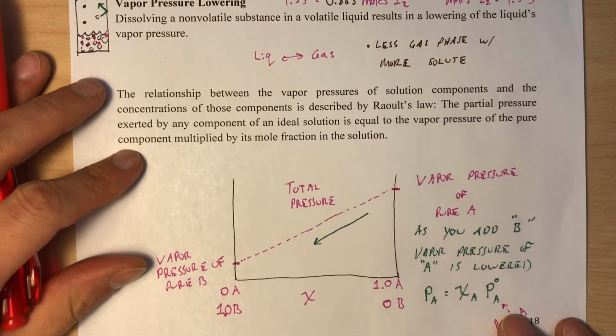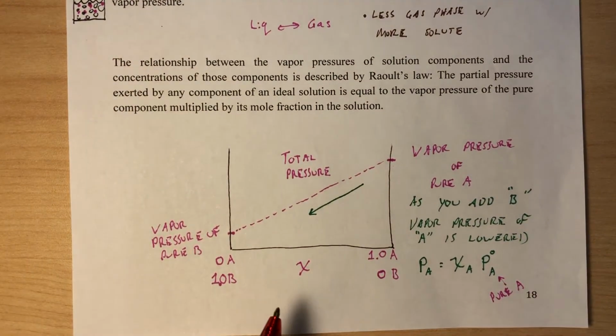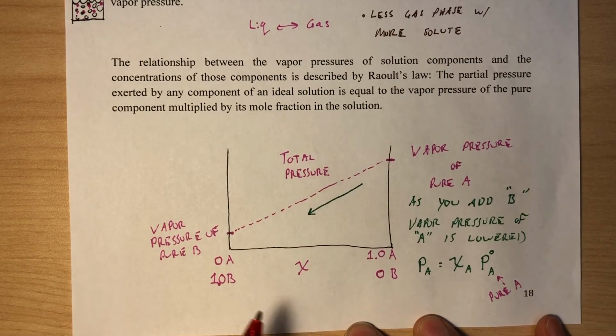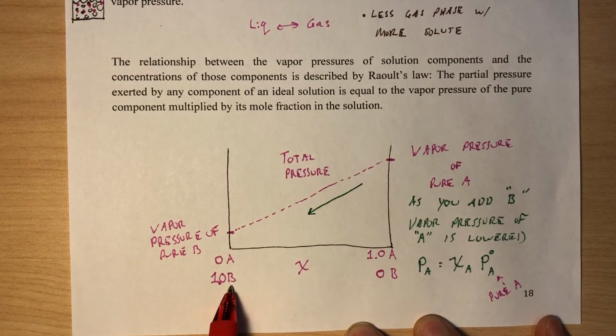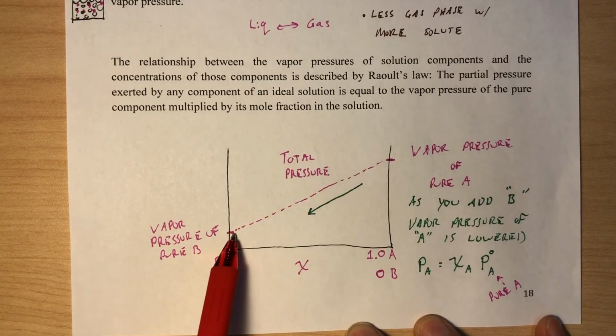The relationship between vapor pressure and solution can be shown with this graph, and it's described by Raoult's law. So in magenta here on the left-hand side of the graph, we have 0 of component A and 100% of component B and a given vapor pressure.